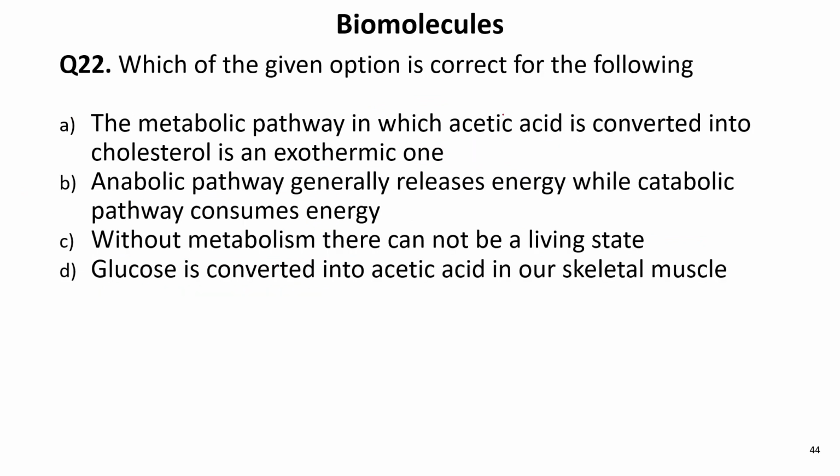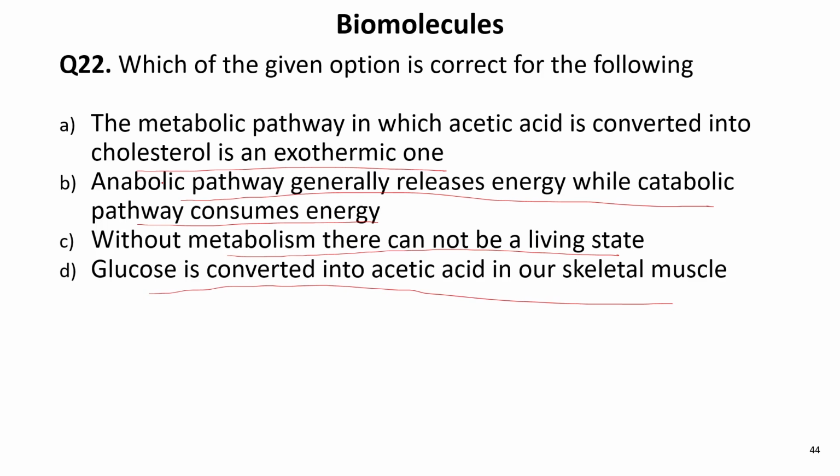Which of the given options is correct for the following? The metabolic pathway in which acetic acid is converted into cholesterol is an exothermic one. Anabolic pathway generally releases energy while catabolic pathway consumes energy. Without metabolism, there cannot be a living state. Glucose is converted to acetic acid in our skeletal system.